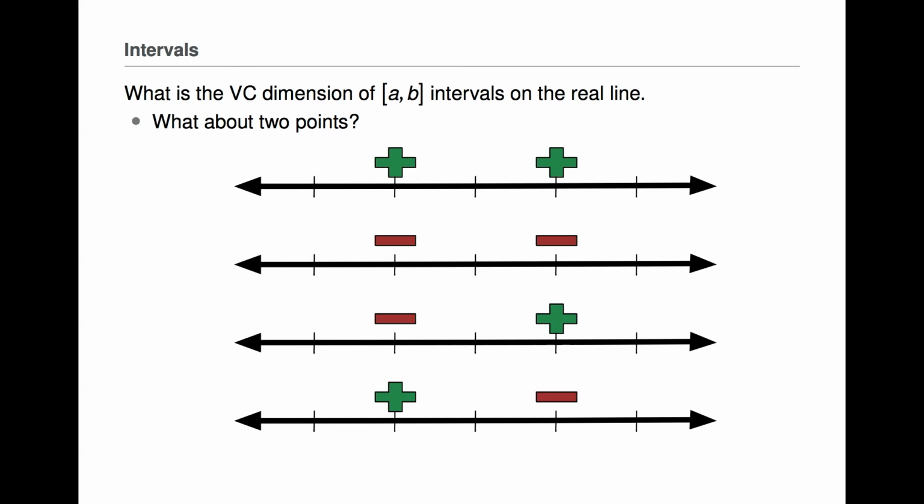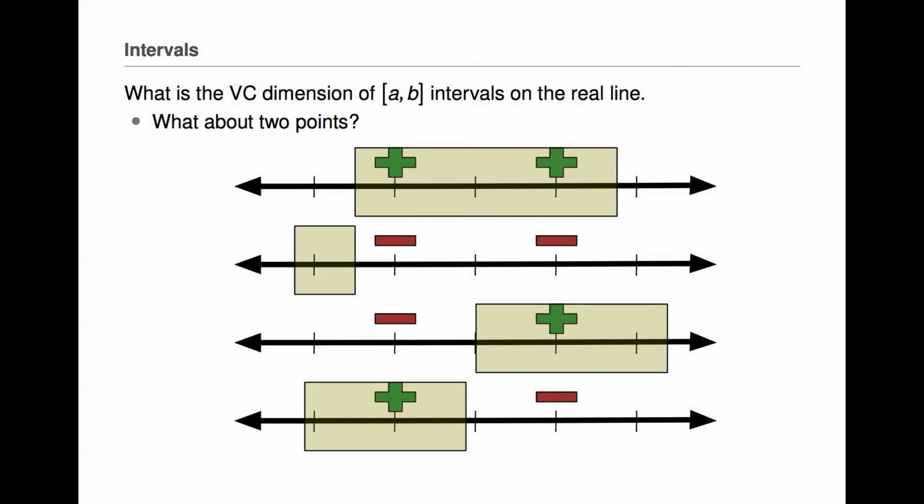If you have 2 points, then if they're both positive, you can completely enclose them by the interval. If neither is positive, just put the interval off to the side. If one of them is positive and the other is not, just put the interval around the positive one.